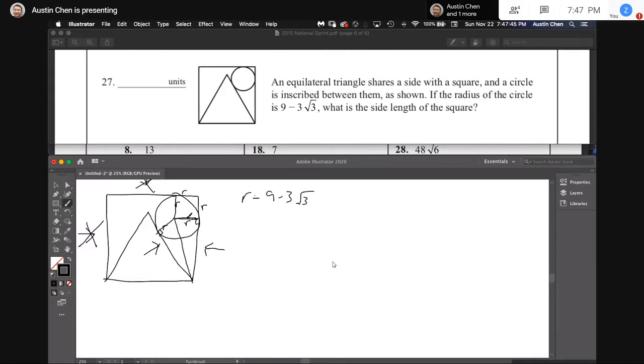I mean, you just have SSA, but that's not going to work. You have two congruent angles actually, because the line is a bisector of the bottom angle, right? Yeah. But how do you know it's a bisector?